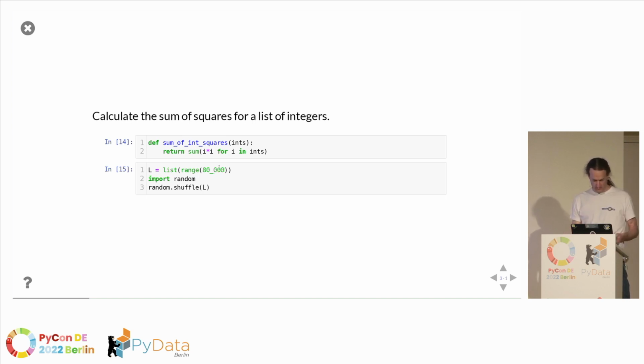So let's just have a little data set here, range of 80,000. Shuffle that to get rid of any optimized behavior. So it's just a random distributed list. And then, as you would probably try as a first approach, you would say sum of i squared for i in ints. Okay?